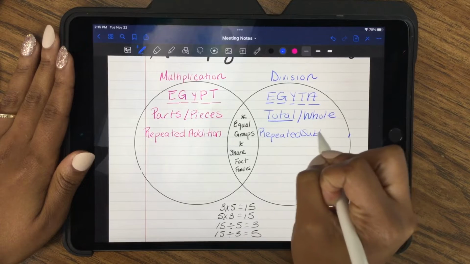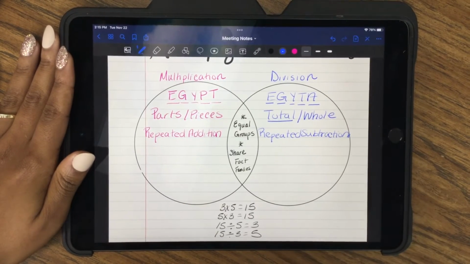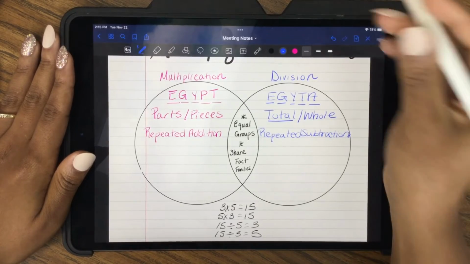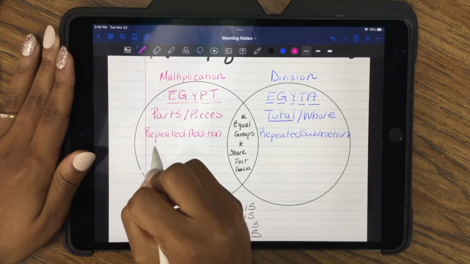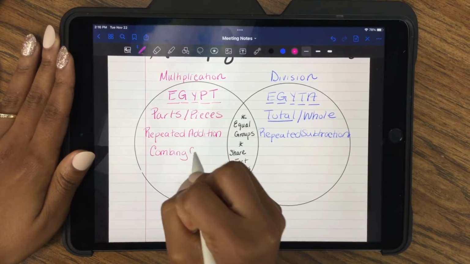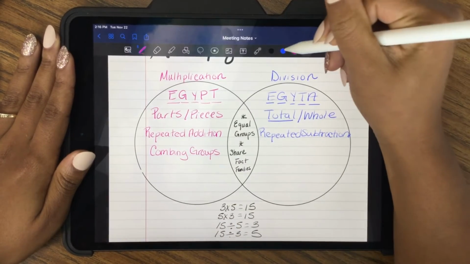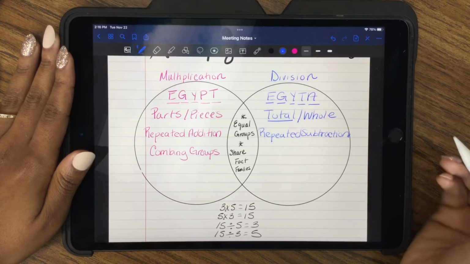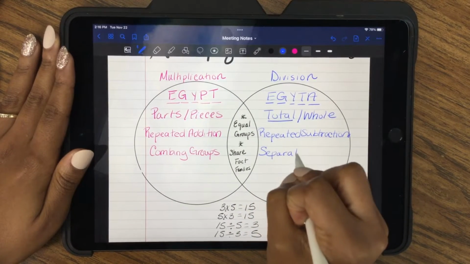Now, I'll go over these more in detail in another video, but right now we're just contrasting the differences. For multiplication, we are going to be combining groups to find our total. Whereas in division, they're going to give us the total, and then we are going to separate groups.